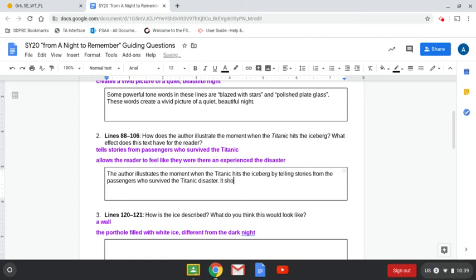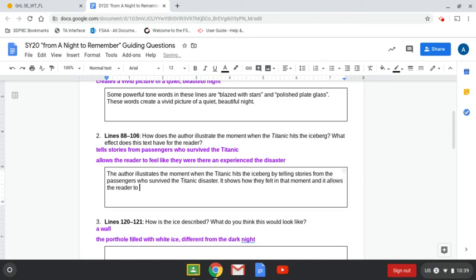It shows how they felt in that moment. And it wants to know what effect does this have for the reader. And it allows the reader to feel like they were there to experience the disaster.